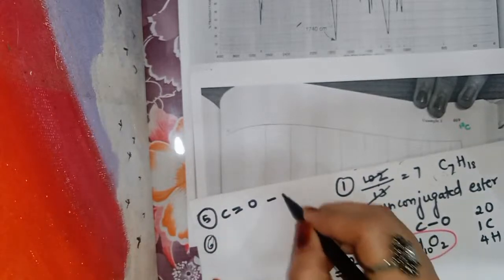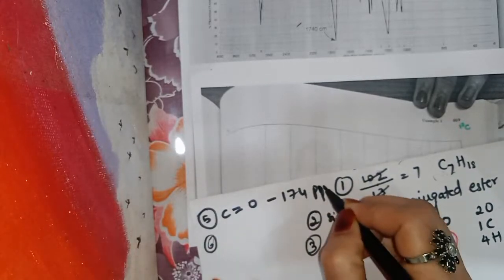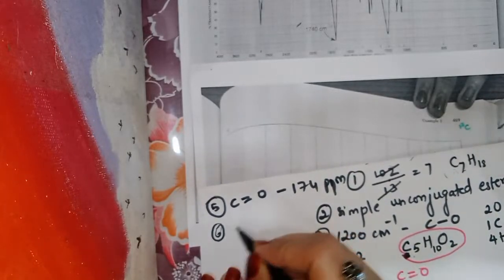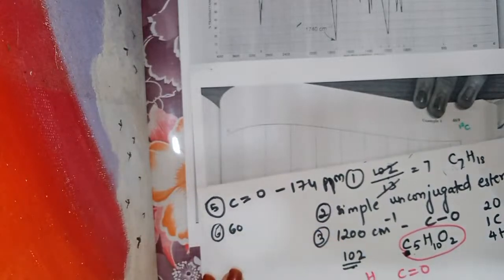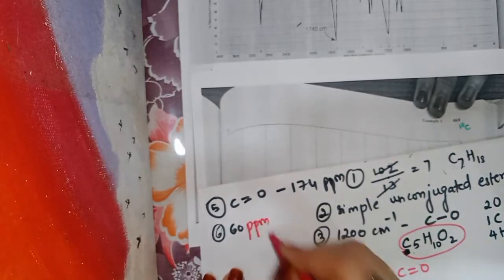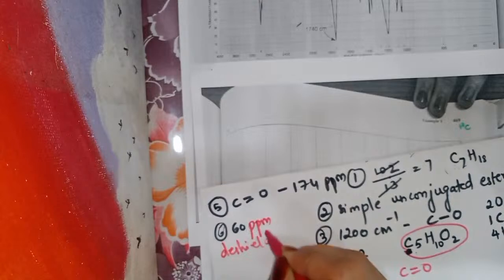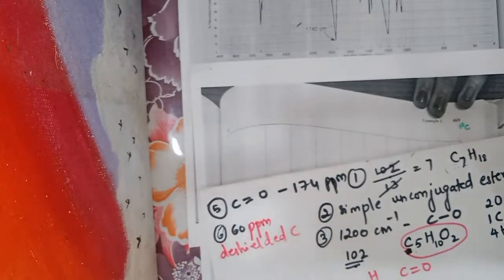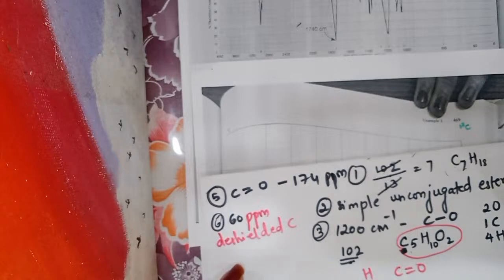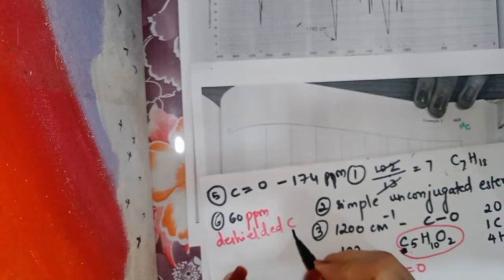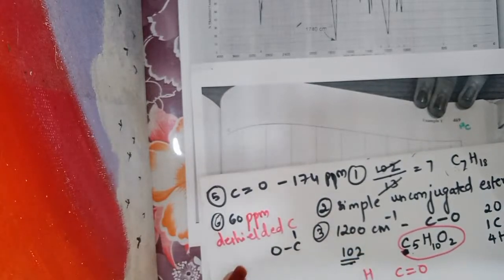Sixth point, this is 174 ppm and at 60 ppm, a de-shielded carbon. Not only that, it is neighboring a carbon which is singly bonded to oxygen.